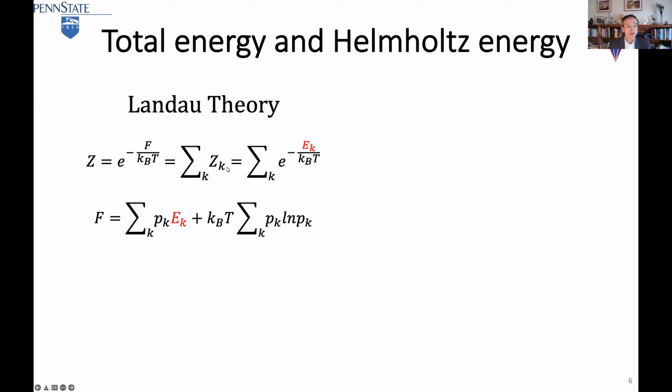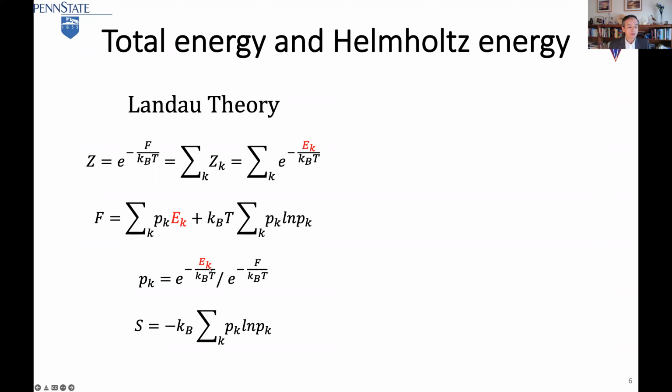Then we can calculate the total Helmholtz energy of the system, which is the weighted sum of the total energy of each microstate with the statistical configuration. The probability is the partition function of each microstate divided by the partition function of the total system. Then we get the entropy of the system.